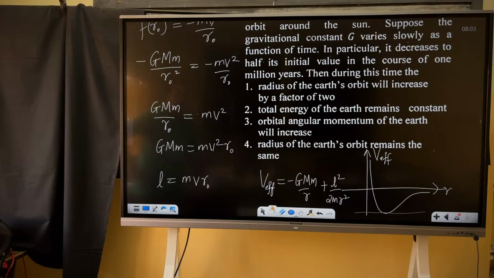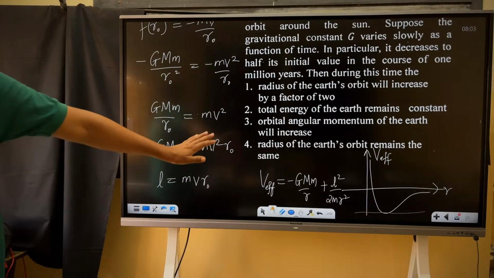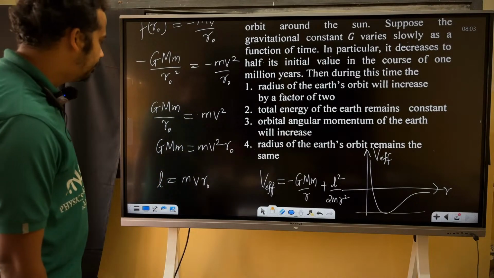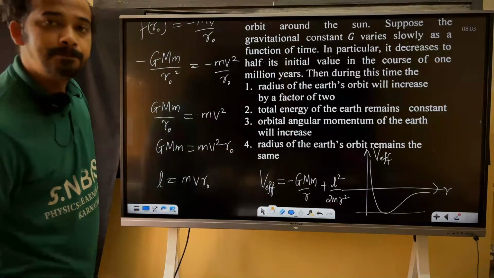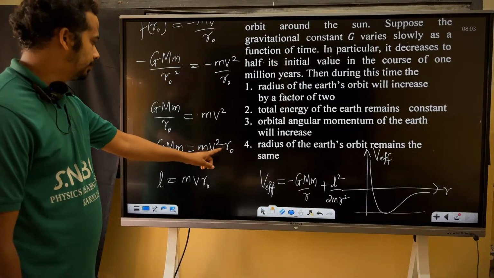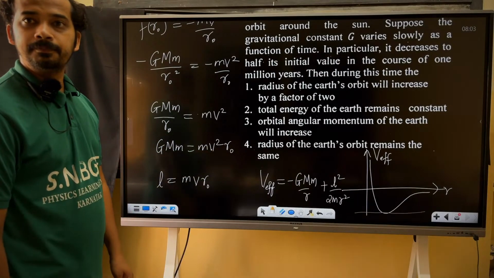How do you connect the equations? Think over it. Is it one by half of that? That G is half. Then R naught should be decreased. What about V?